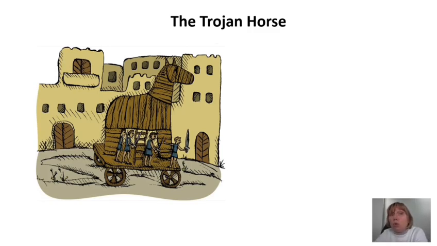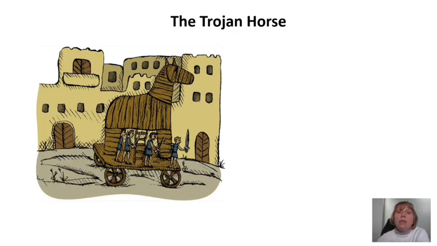So they didn't want to make Poseidon angry, opened the gate and brought the horse inside the city. But the same night, warriors got off the horse and killed the guard and army and conquered the city.